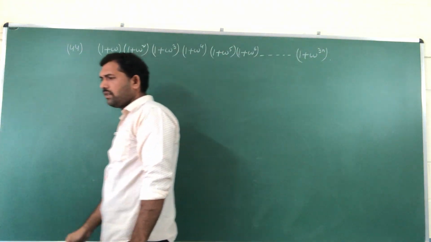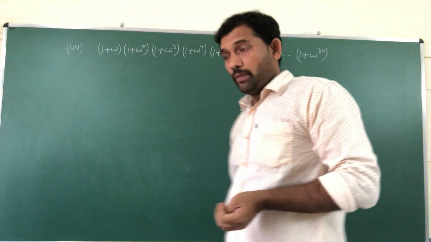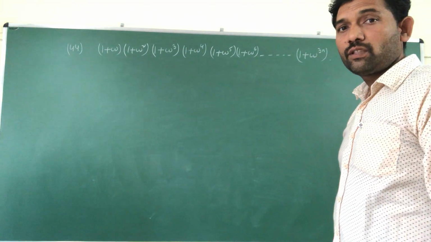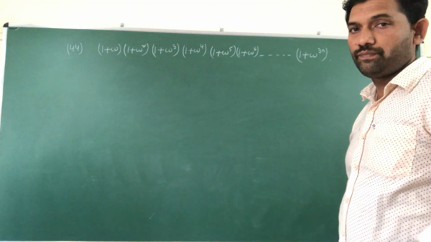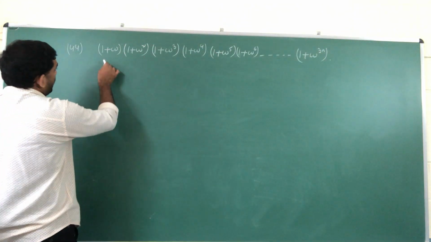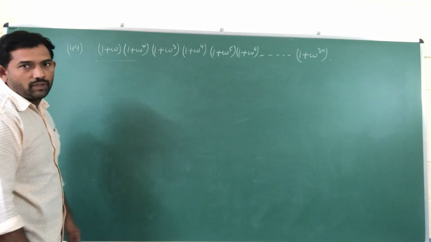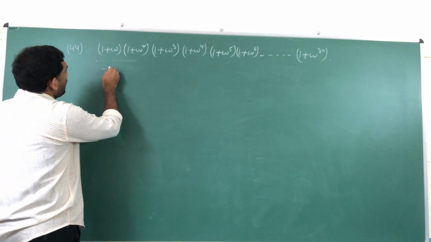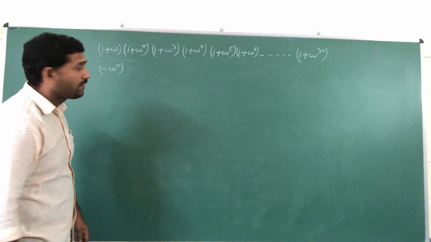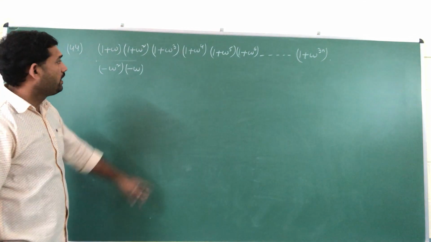What is the product of this? Here also two conditions are included: omega cube is equal to 1 and 1 plus omega plus omega square is equal to 0. So 1 plus omega is minus omega square, and 1 plus omega square is minus omega.